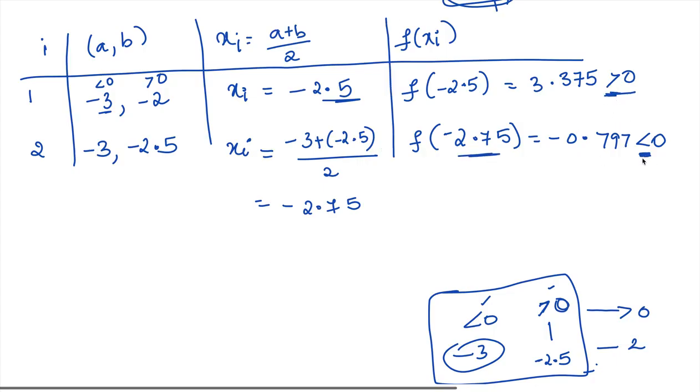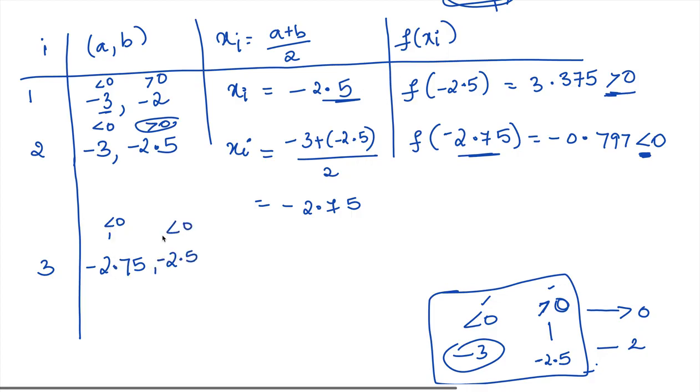But since we got less than 0, from the previous interval we will take something which gave us greater than 0. In the previous interval, this was giving us less than 0 and this was giving us greater than 0. So we will take something which is giving us greater than 0, right? Because minus 2.75 gives us less than 0, so we will take minus 2.5 along with it.